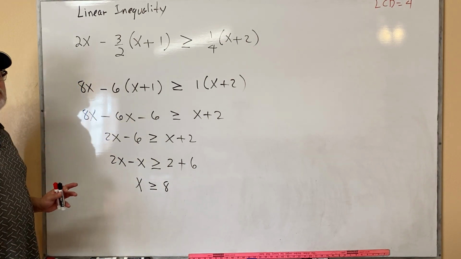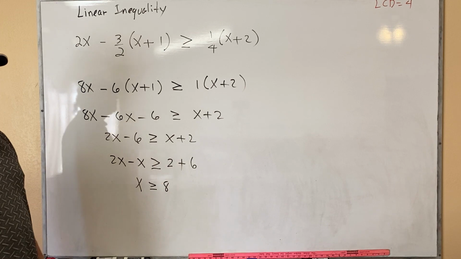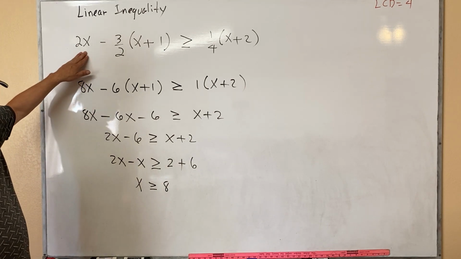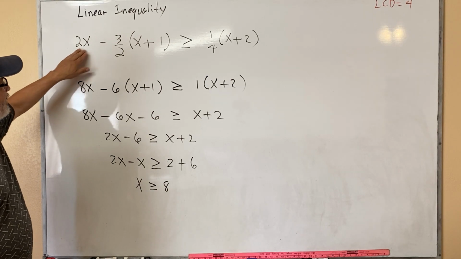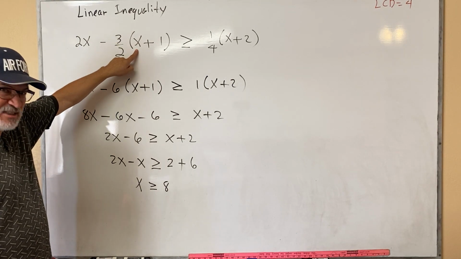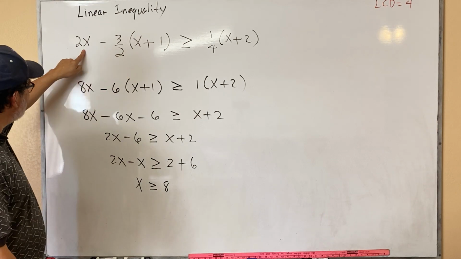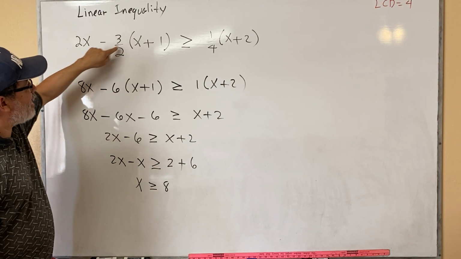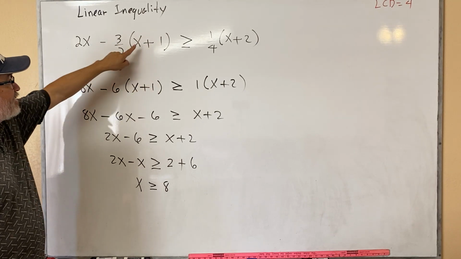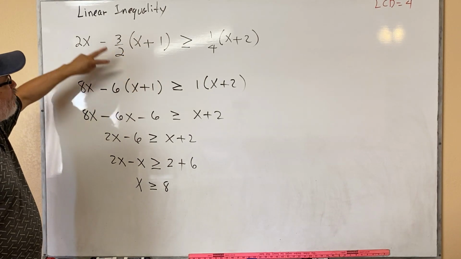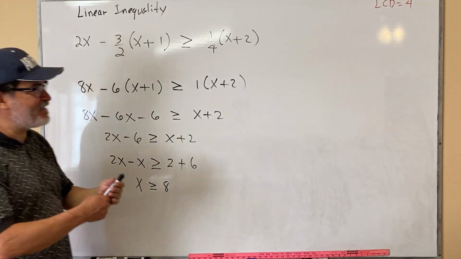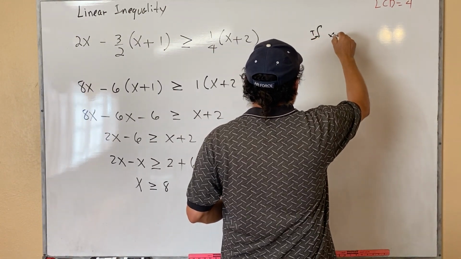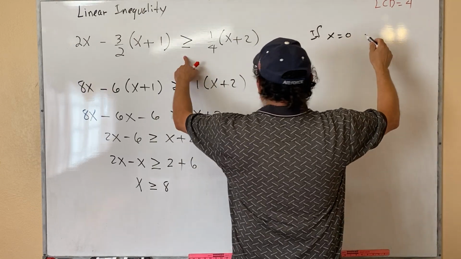Try it. Plug in 0. Okay? If you plug in 0, that's 0. That's 0. And that's 0. If you plug in 0, this is negative 3/2 times 1, because that's 0. If x equals 0, that's going to be false.